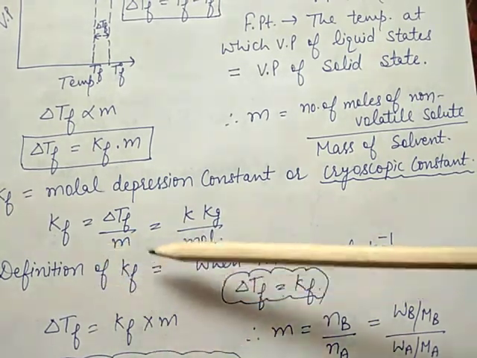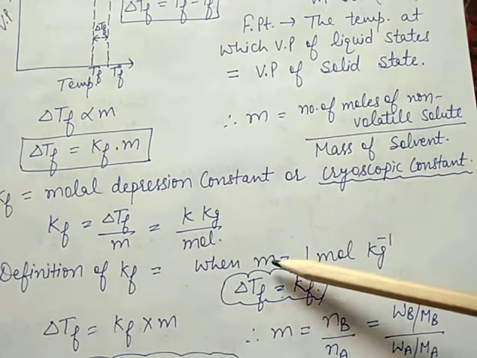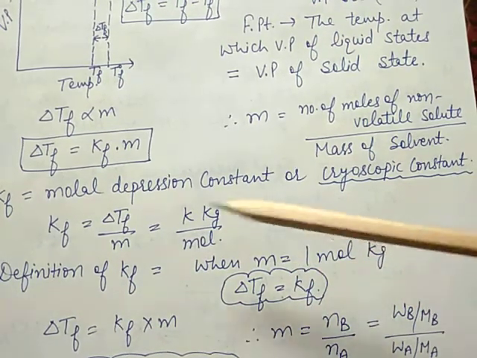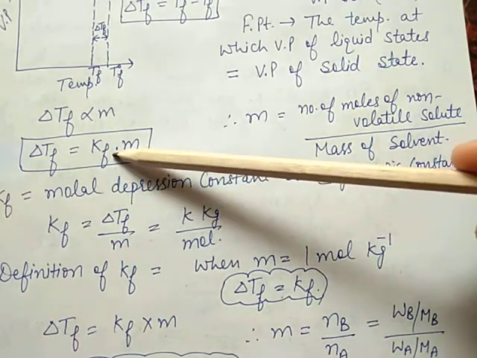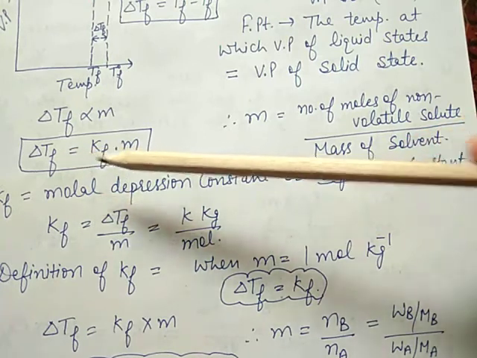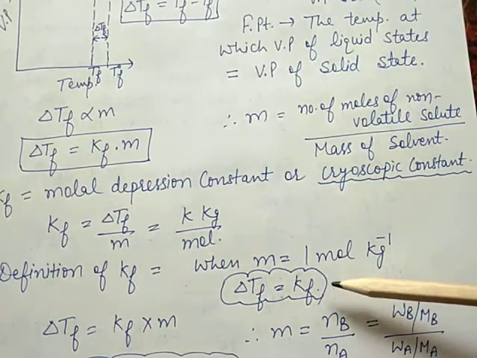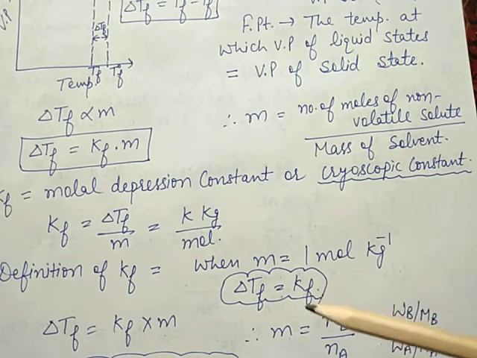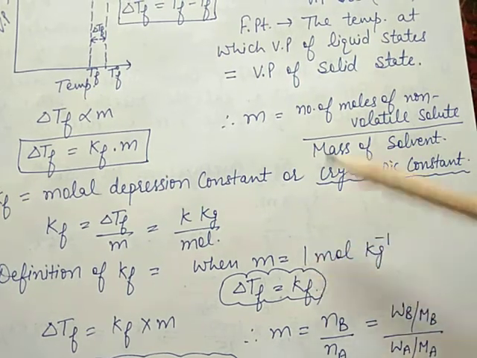How will you define Kf? When the molality is 1 mole per kg, then delta Tf is equal to Kf into 1. It means delta Tf is equal to Kf. We can say that this is the molar depression constant or cryoscopic constant.